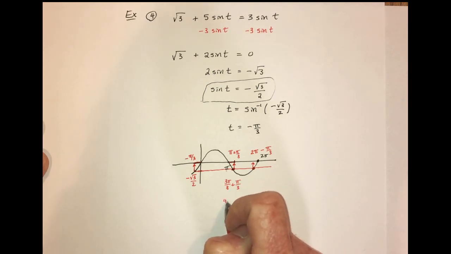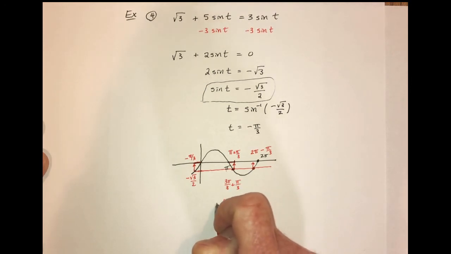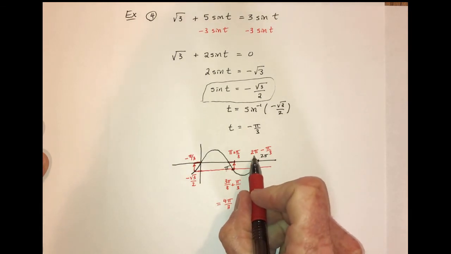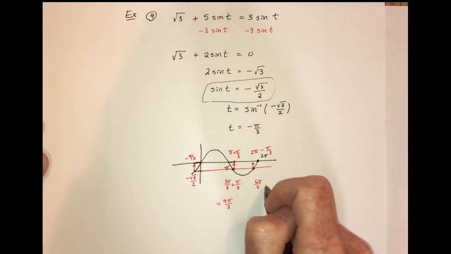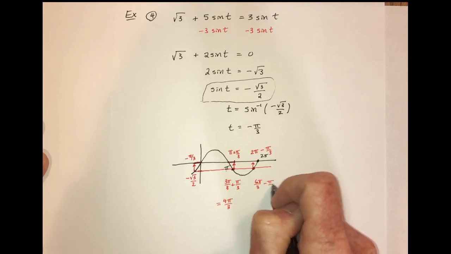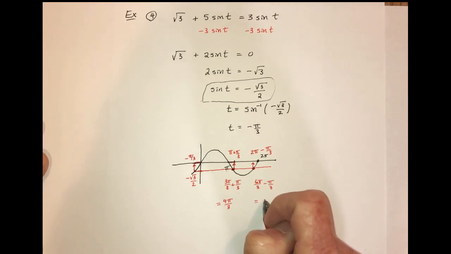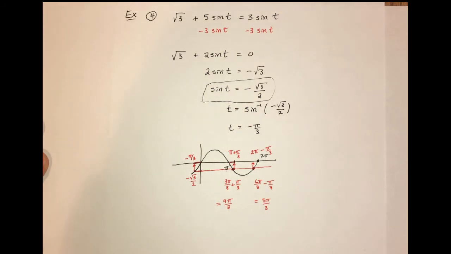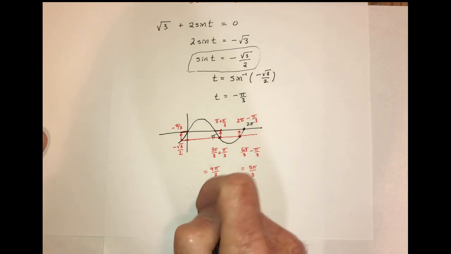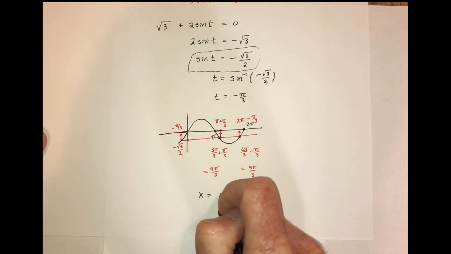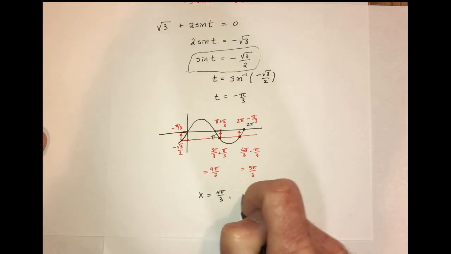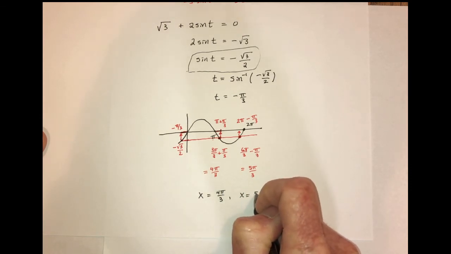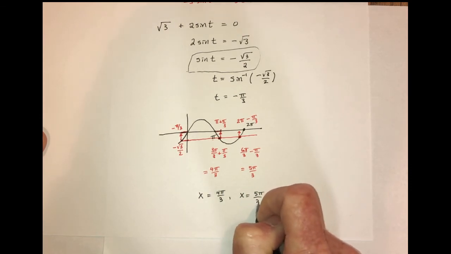So that is 4 pi over 3. And this one will be 6 pi over 3 minus pi over 3. So that's 5 pi over 3. So then, to make it look all nice, x equals 4 pi over 3. And the other one, x equals 5 pi over 3.